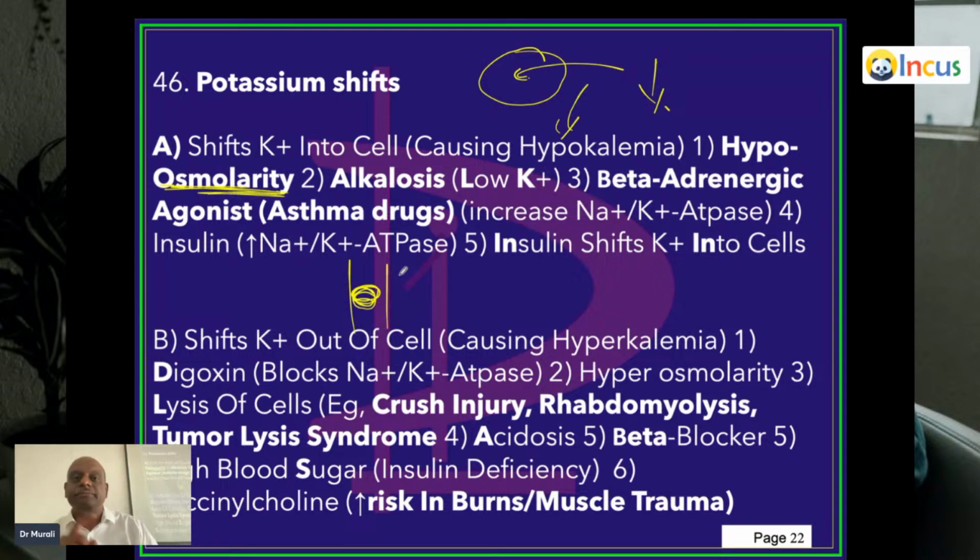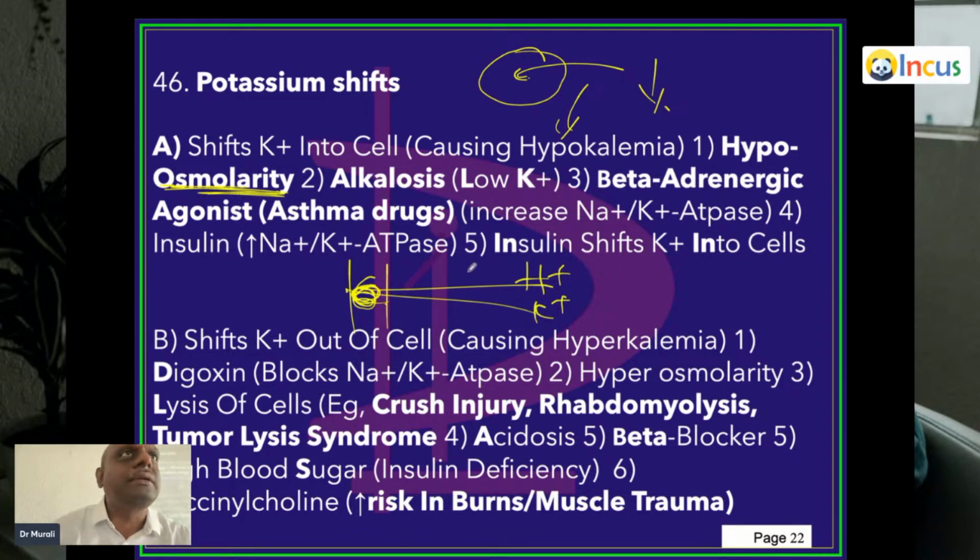Clear? Second, H plus ion and K plus ion love to compete with each other to enter into the cell. So what is alkalosis? The state of low H plus. So no competition, so potassium will run into the cell. So alkalosis leads to potassium moving more into the cell and leads to hypokalemia.